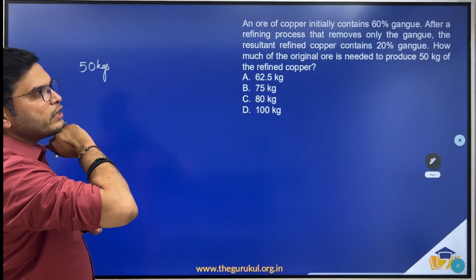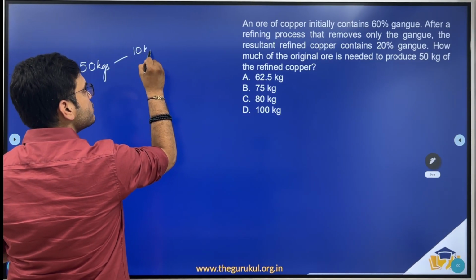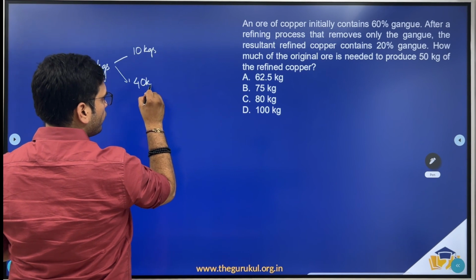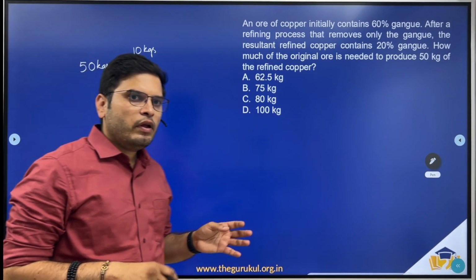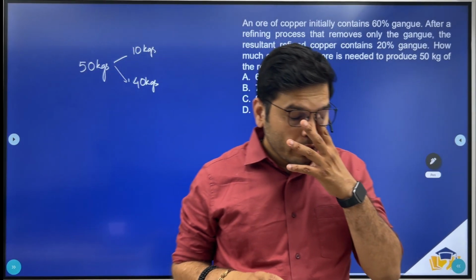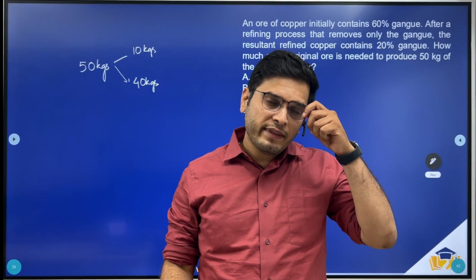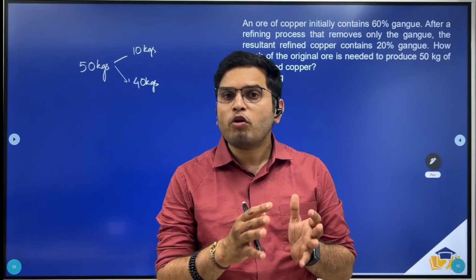Now what is the percentage of impurities in the refined copper? 20%. And 10 kgs should be impurities and the remaining 40 kgs should be copper, right? Now tell me, you have a copper ore, right? So it has undergone the refining process. Now will there be any change in the amount of copper in that?